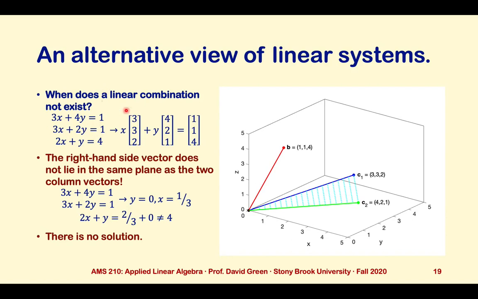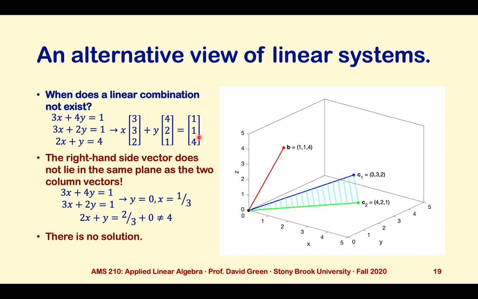When we recast this as a linear combination, though, the space we're living in is 3-dimensional. The columns of the coefficient matrix have 3 entries, (3, 3, 2) and (4, 2, 1). The right-hand side has 3 entries, (1, 1, 4).